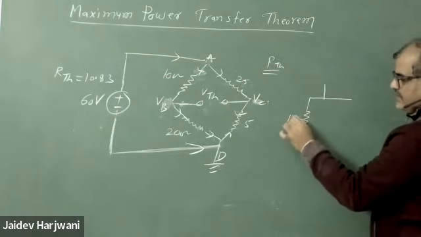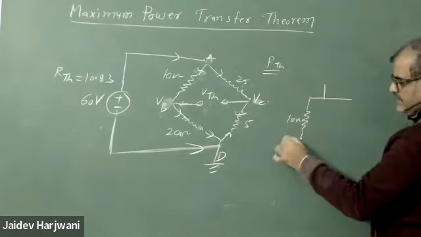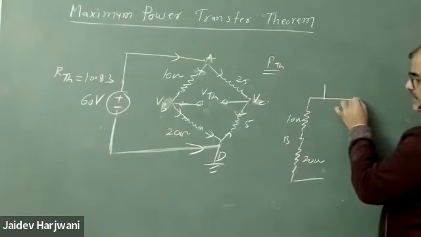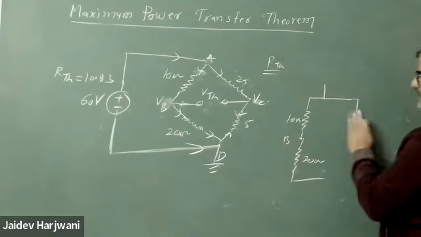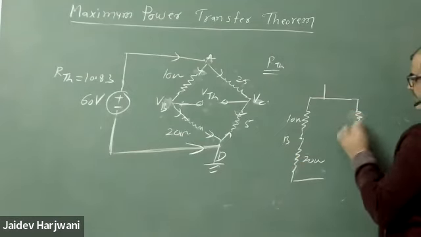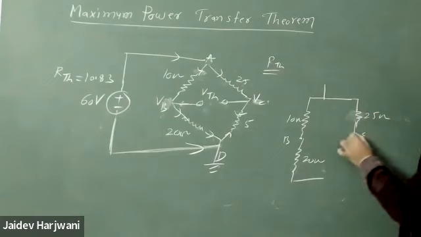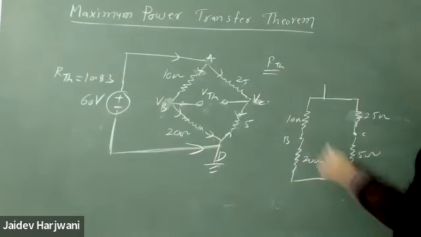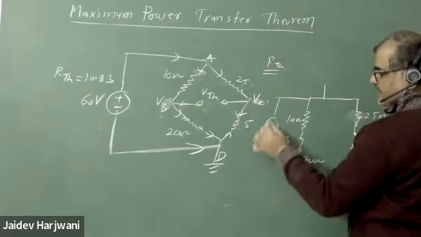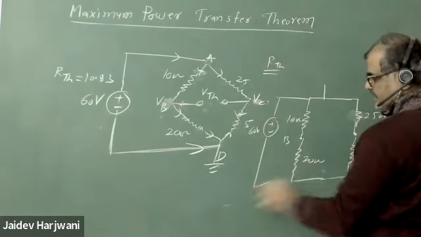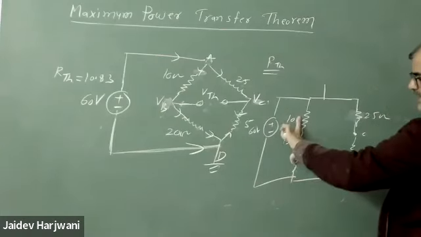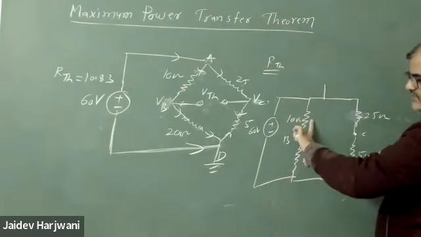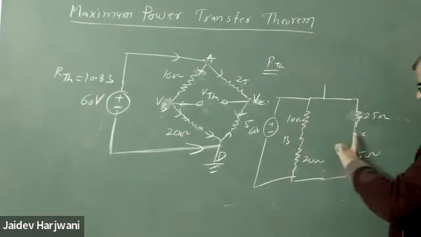You have one 10 ohm resistance, and this point is B, you have one 20 ohm resistance, and here you have point C, here you have resistance 25, and here you have resistance 5 ohm, and you are applying a common battery here, plus minus 60 volt. So 60 volt is applied here, 60 volt is applied here. So I can apply now the current division, voltage division rule, and I can find the voltages VB and VC.